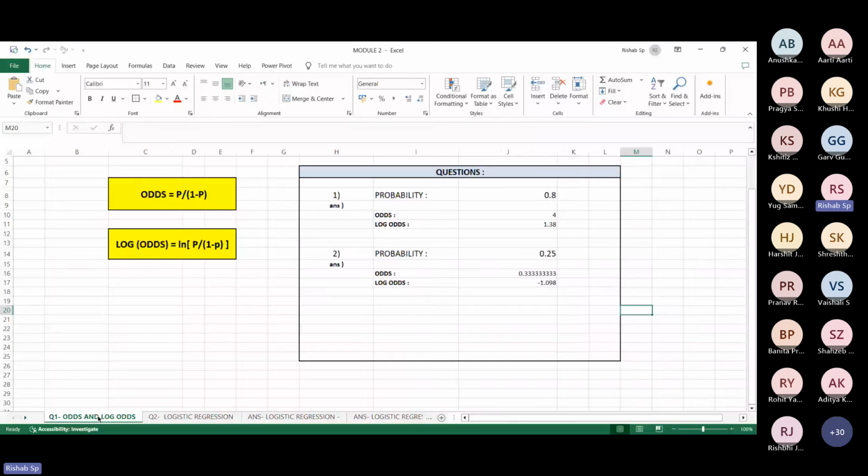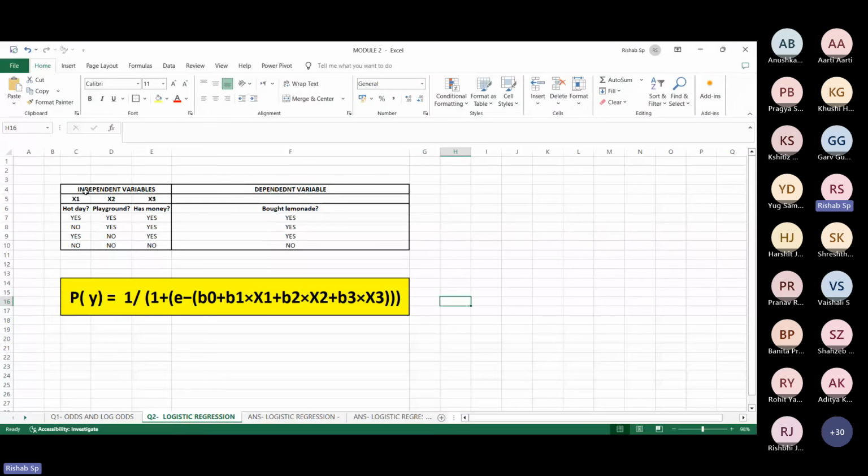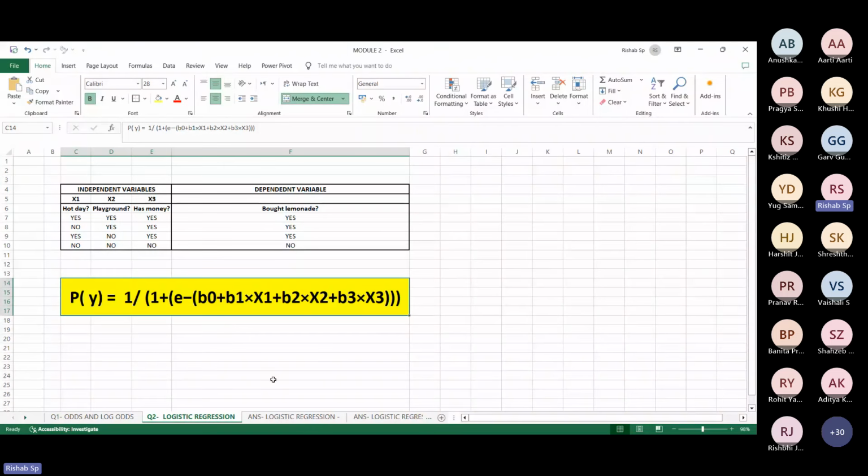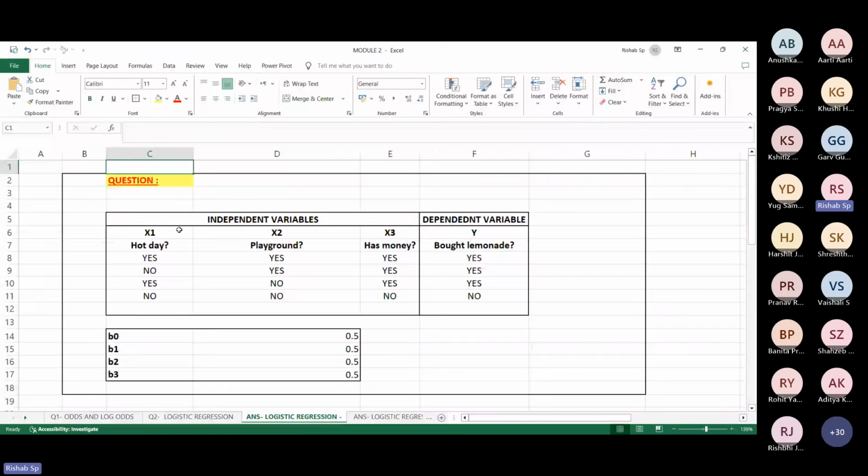So we have discussed the odds and log odds part. This is a question, right? This is a particular case of Mr. Bean. So we have the equation here. Now we'll solve together. For the question, I've already mentioned that beta values will be provided.